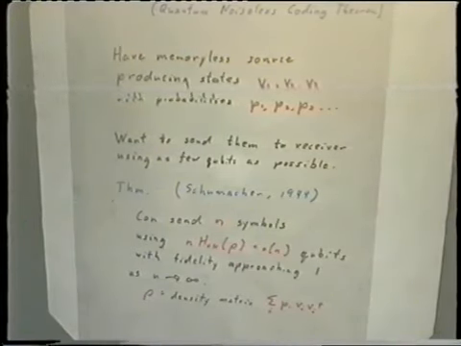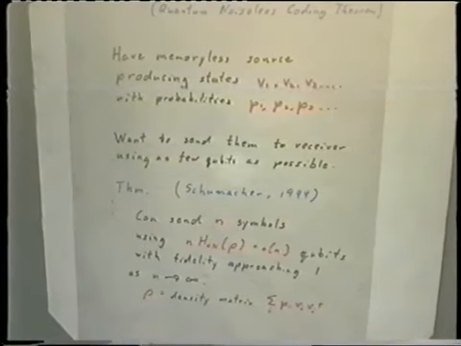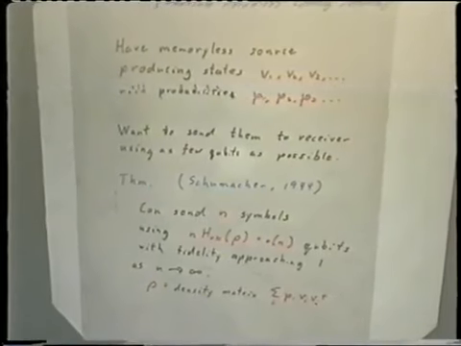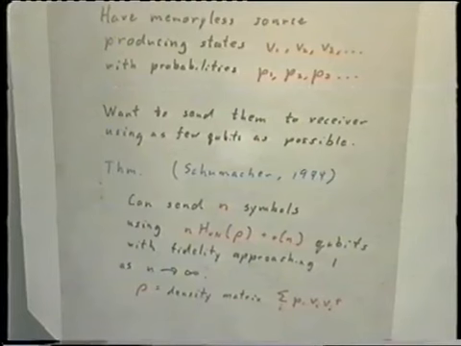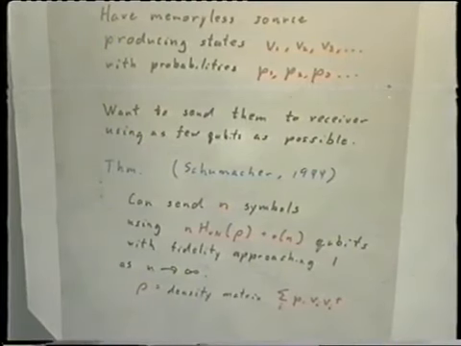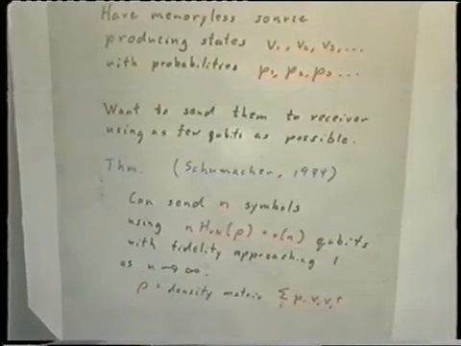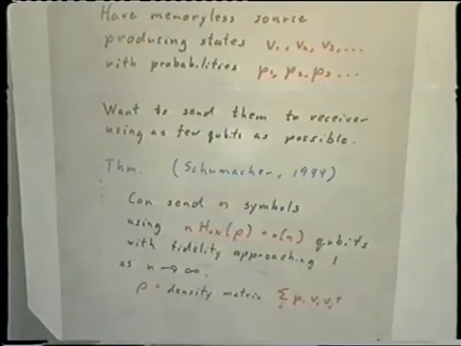The theorem of Schumacher is you can send n symbols using n times the entropy of rho plus little o of n qubits with fidelity approaching 1, meaning that the state your friend gets out is almost exactly the same state you put in as n goes to infinity.